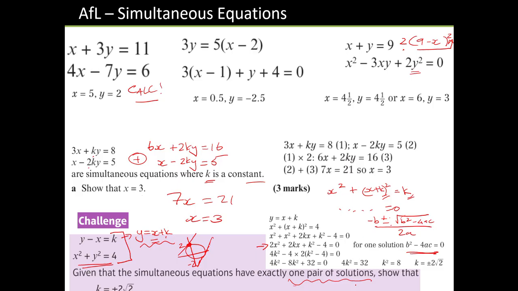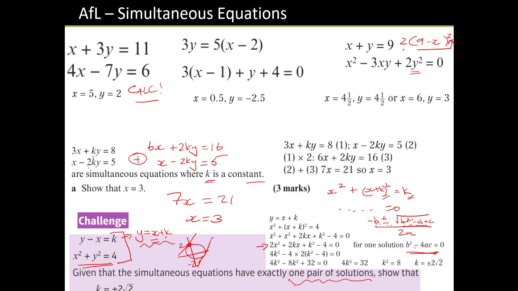Now, if we're only going to get one solution, it means that the bit underneath, b squared minus 4ac, must be equal to 0. You'll see more of this later, but why is that the case? Well, when you do a number plus 0, a number take away 0, it becomes the same number. Later on, it's called the discriminant.